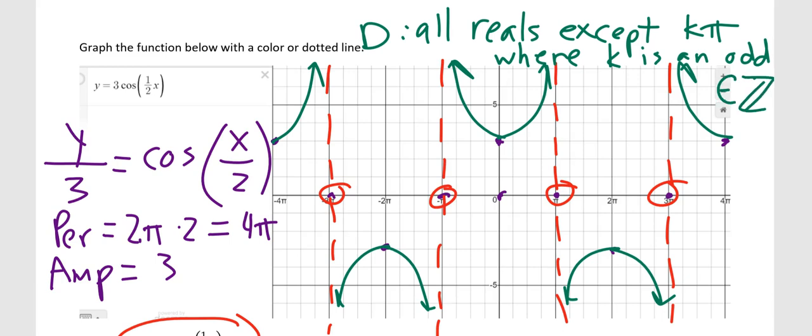Now there is a fancier mathematical way to do that, but I really don't want to scare you with 2k plus 1. I figured that would freak you out.